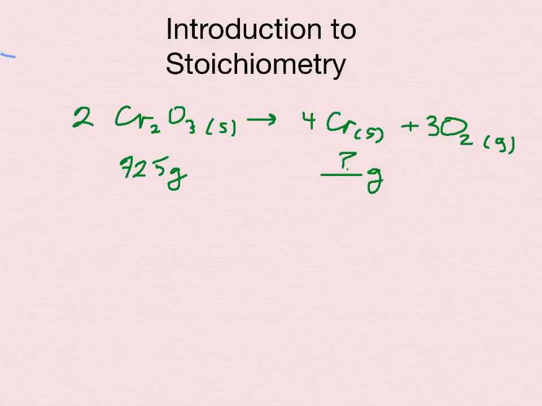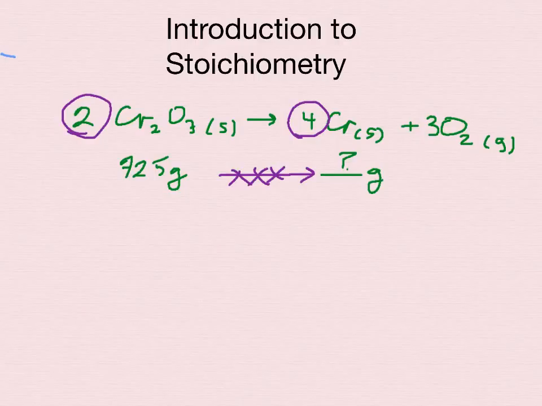So you can never ever change from grams of one substance to grams of another directly, because they do not have the same molar masses. It's going to require us to use moles, to use how the substances behave in the recipe to figure out how the actual amount of grams can be calculated.